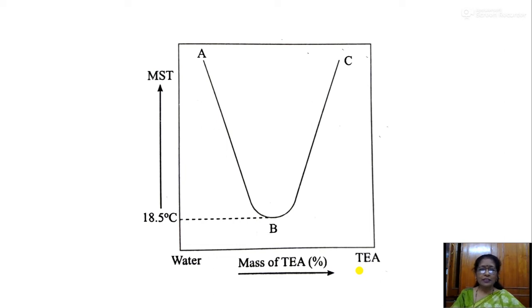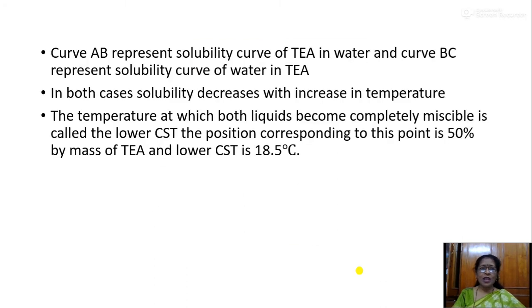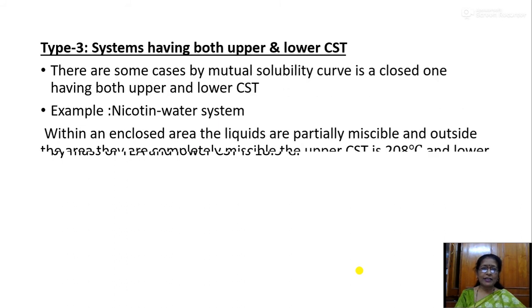Here, miscibility takes place at 18.5 degrees centigrade between water and TEA, that is, triethylamine. Water and TEA mix with each other completely below this temperature, 18.5 degrees centigrade. This temperature is called the lower CST, lower critical solution temperature. These are all the things which I have explained.